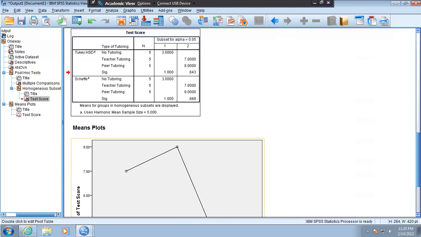However, since the no tutoring group, whose mean is 3, is not in the same column as either the teacher or the peer tutoring group, we can verify again our results with the same analysis that the no tutoring group is different from teacher tutoring, the no tutoring is different from peer tutoring, but again, because 7 and 8 are in the same column, the teacher tutoring is not different from the peer tutoring.